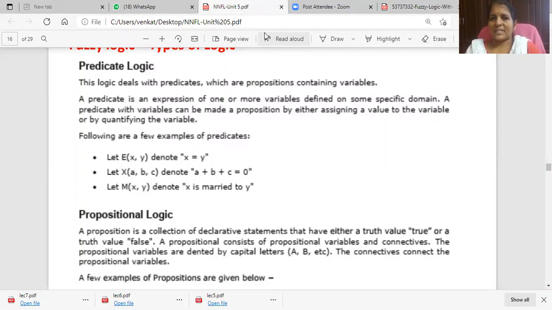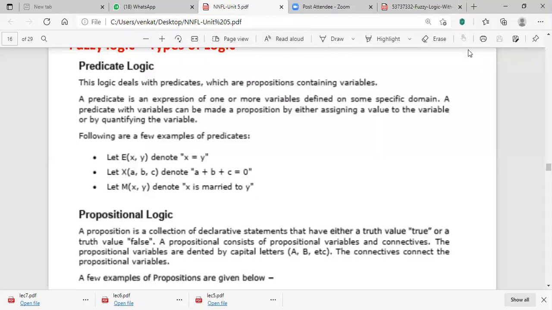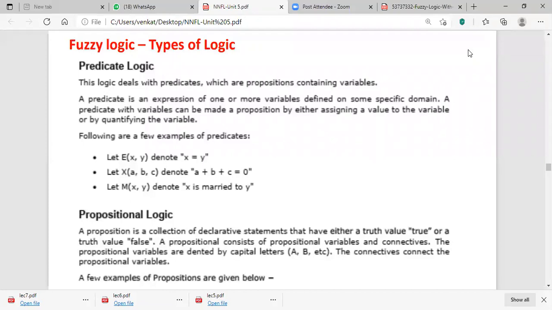You can express it in one or more variables defined on some specific domain. For example, we know Newton's second law, F is equal to ma, where F is the resultant force acting on the body. So here a predicate is an expression of one or more variables defined on some specific domain.